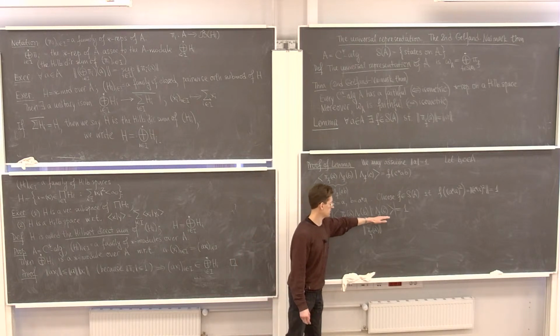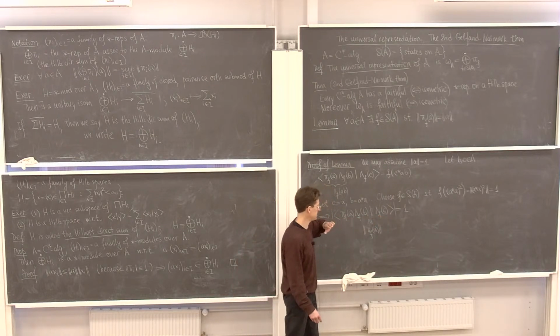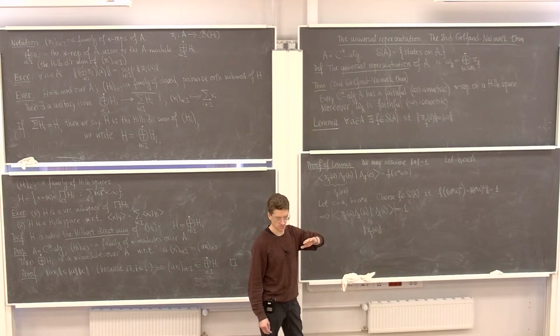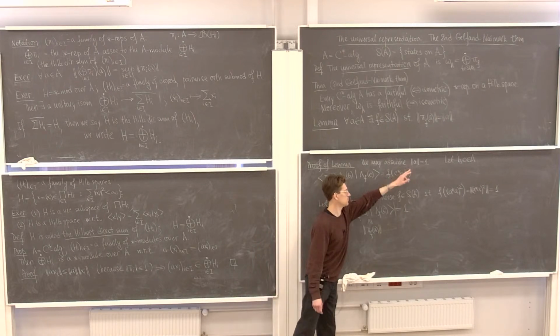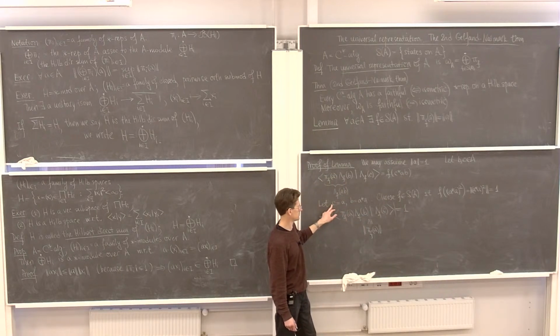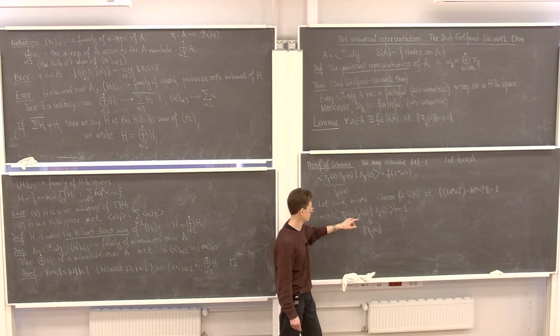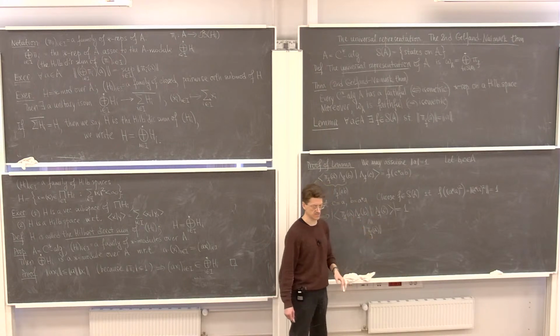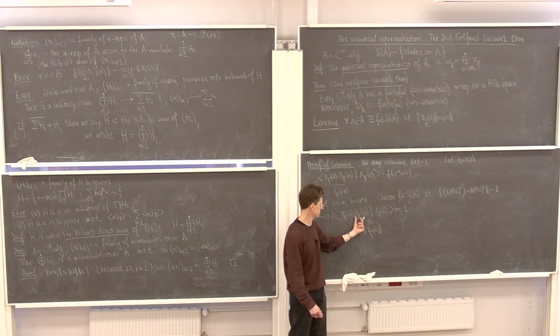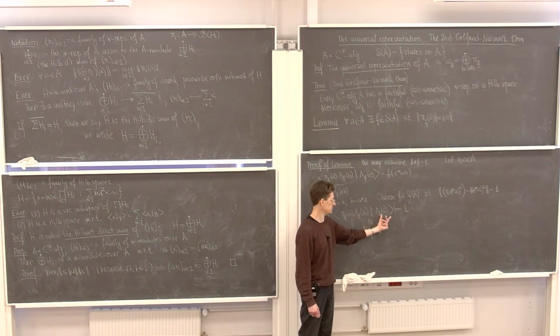Because these two vectors, lambda f of B and lambda f of C, are also in the unit ball of the respective Hilbert space. B and C are in the unit ball of A, and we know that lambda f is norm decreasing.